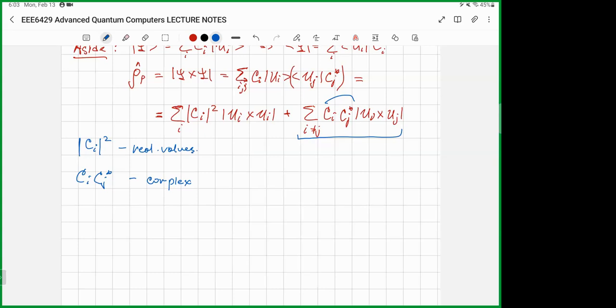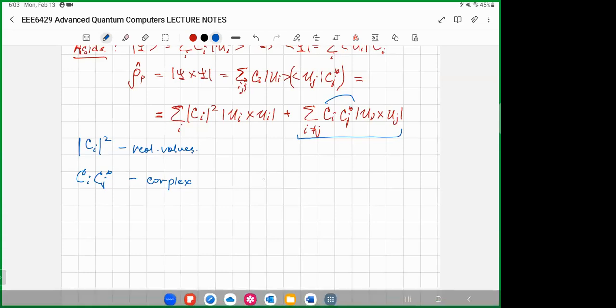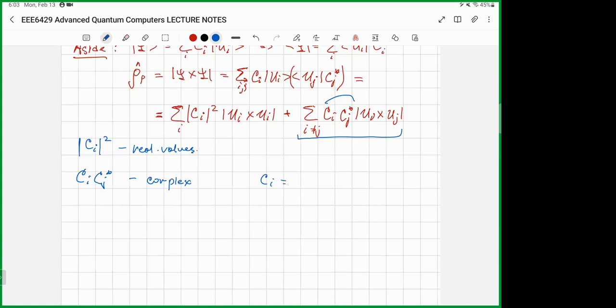And the product of two complex numbers in the general case is another complex number. So this is complex, and we can actually find the amplitude and the phase of these terms. So for example, for the Ci, we can represent Ci as modulus Ci, right? This is the length of the complex number, times e to the power of i, some phase phi i. So this is the length of the complex number and the phase of the complex number.